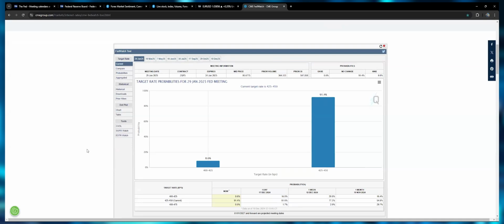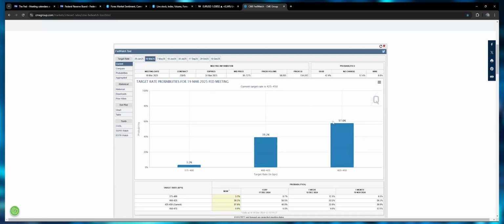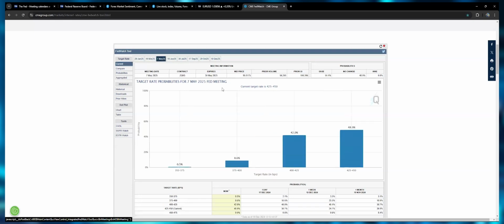Starting off with January, the 29th of January, the first meeting of the Fed, they're already predicting, well, 91.4% of market participants are predicting a pause. So no cut, no change. On the 19th, again, 57% is expecting a pause. So that's pretty much the whole quarter, January, February, March.